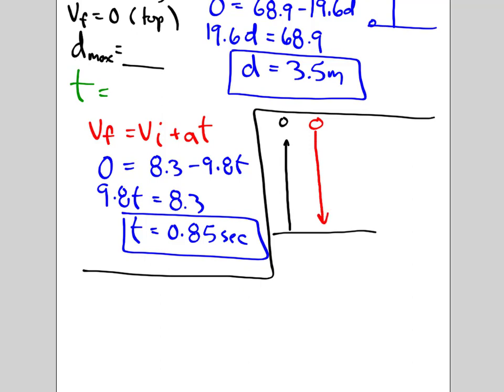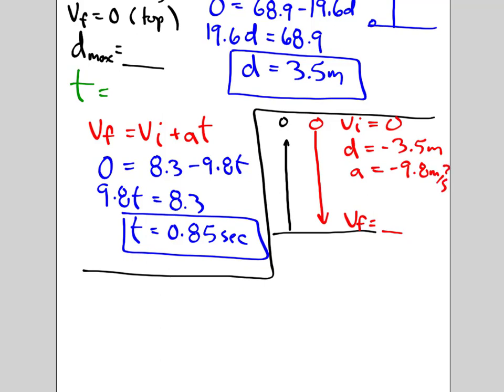So if we list those known pieces of information, the initial velocity, if we consider the ball starting at the top, is 0. We don't know the final at this point in time. We do know the distance it has to fall is negative 3.5 meters. We do know the acceleration is negative 9.8 meters per second squared.